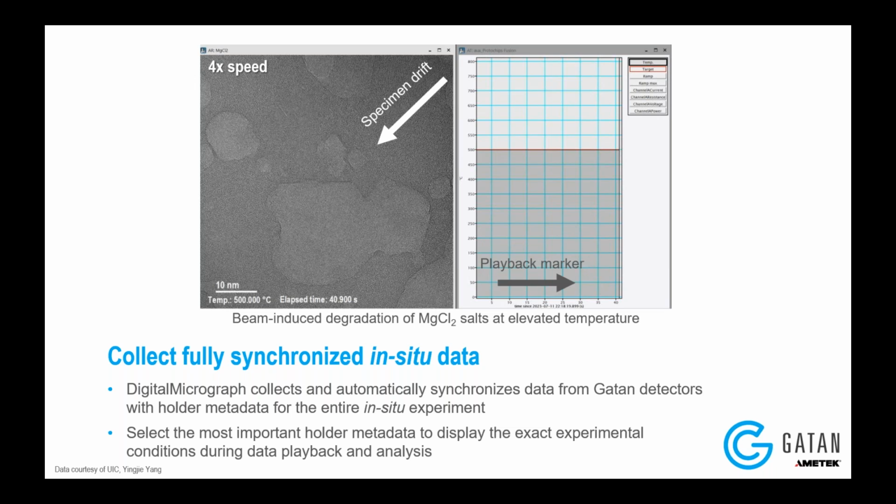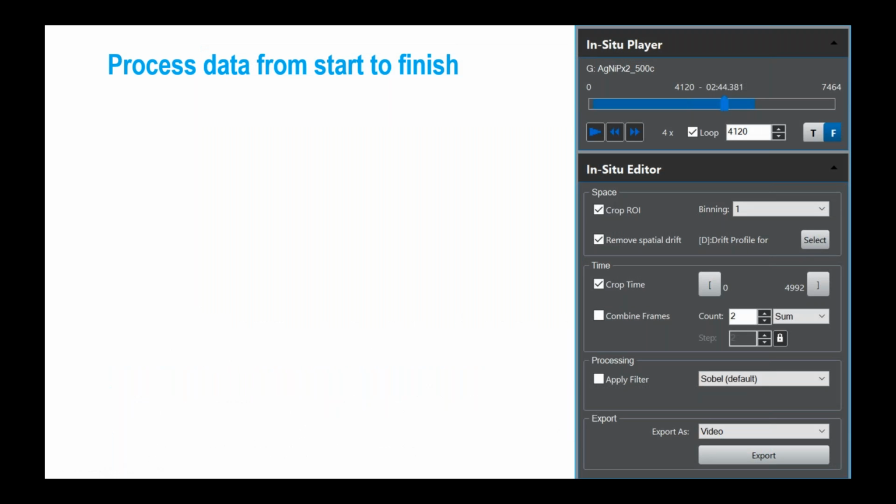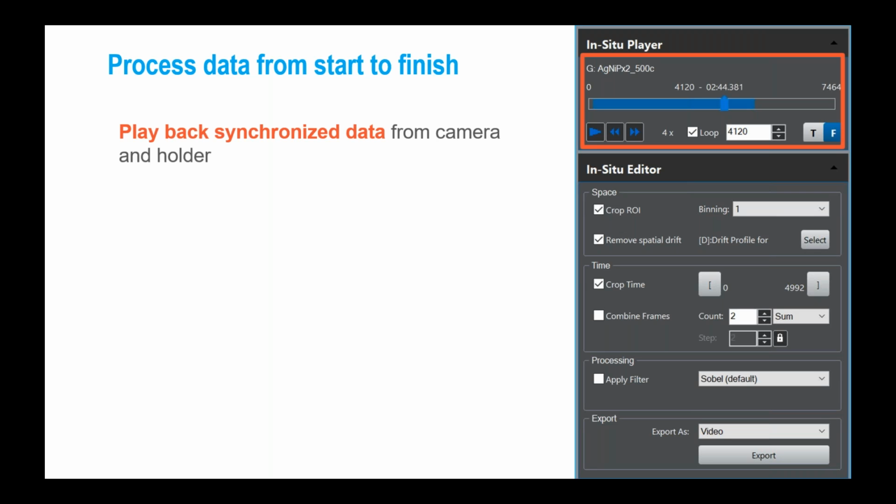There's a bunch of different types of holder metadata, based on which holder you're using, that can be saved alongside the data, like the temperature or target temperature, different currents or resistances with the holder, which can be really useful for always understanding what the exact experimental conditions are during certain moments of the video data. And DigitalMicrograph has all the tools to help process that data from the moment you acquire it to the moment you need to export it and put it into a presentation to share.